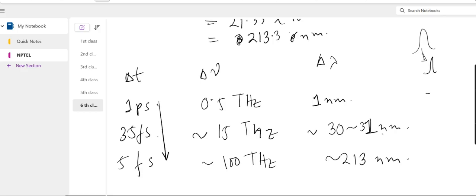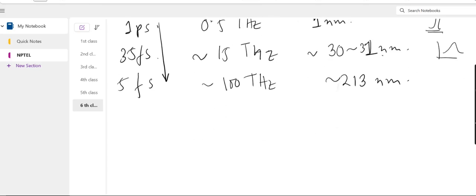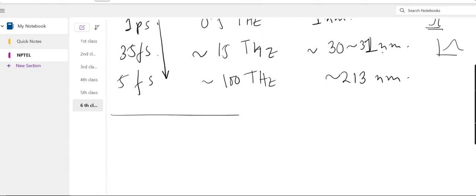So basically in the temporal domain you compressed the pulse, but in the spectral domain it gets wider. So that was some basic thing.